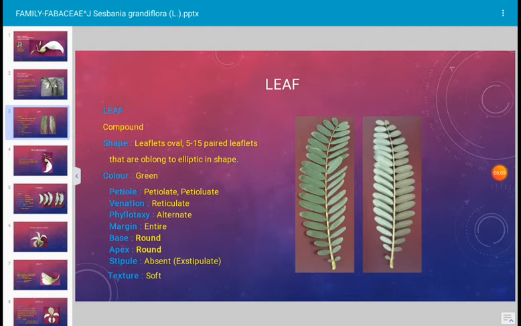But here the stipule is absent in Sesbania grandiflora. Therefore, there is no stipule in the leaf, and it is described as an exstipulate leaf. Stipule is absent. Okay. How is the texture? The texture of the leaflet or leaf is soft. Next slide.